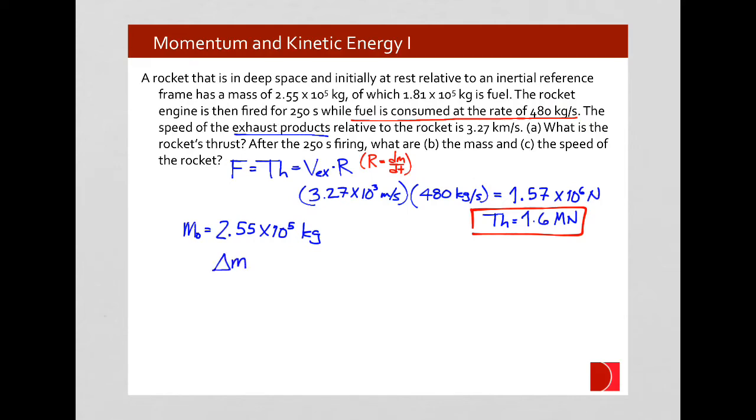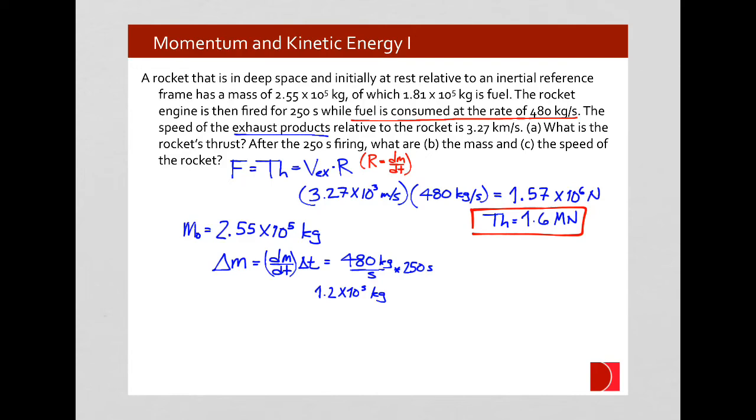So the change in mass will be the rate at which the mass is being used up multiplied by the amount of time. In this situation, that will be 480 kilograms per second times 250 seconds. That is a change of 1.2 times 10 to the 5th kilograms.